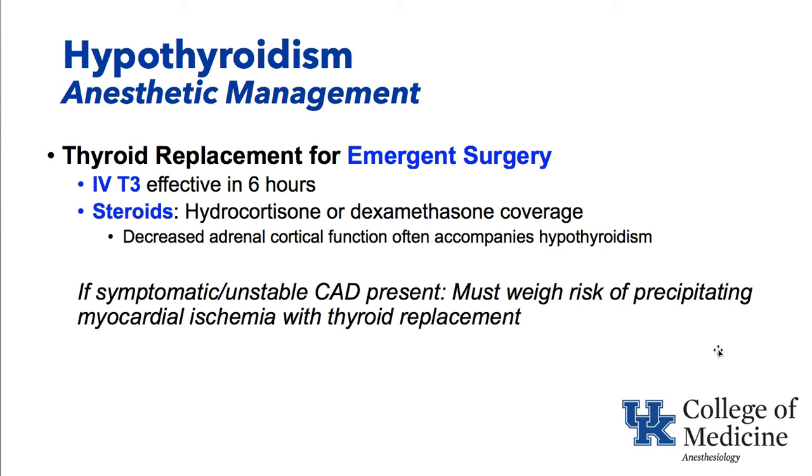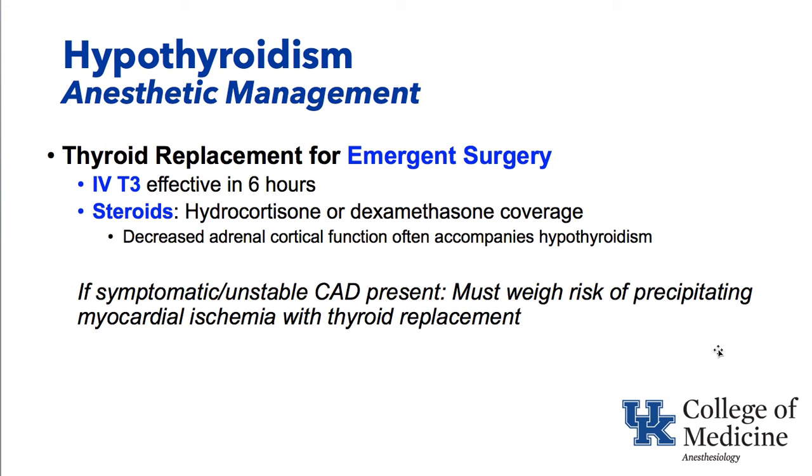Replacing thyroid hormone for emergent surgery. If someone has severe hypothyroidism and you want to replace it, intravenous T3 is effective within about 6 hours and will often be accompanied by steroids, using hydrocortisone or dexamethasone coverage, because of the decreased adrenal cortical function that often accompanies hypothyroidism.